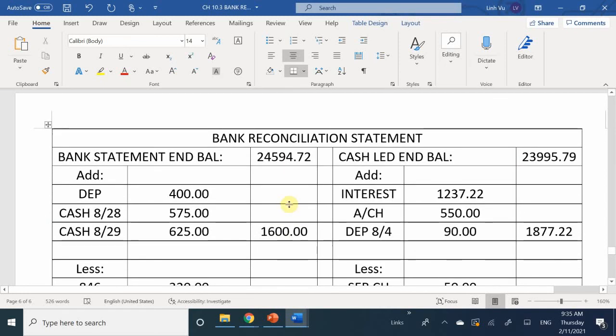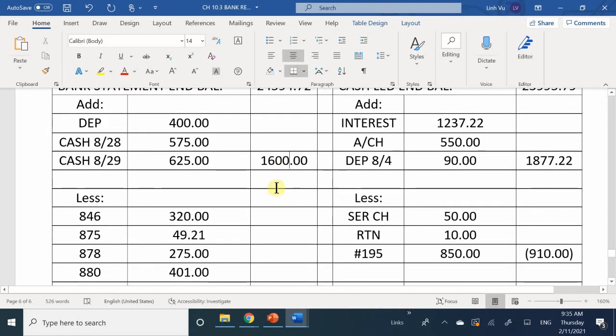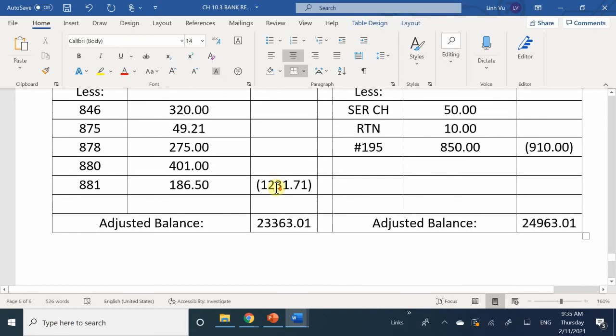So if you had a total of 24,594.72 and you added 1600 and subtract your 1231.71, what is your grand total that you have here? 24,963.01. And now do we match our bank and our cash? Yes, you do.